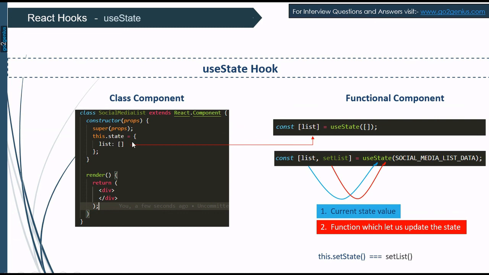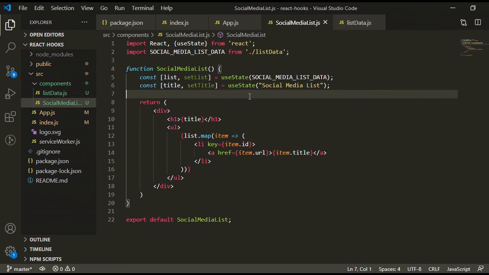We have to use an object, and inside that object we take different states. Here we have no constraint. We can use any type of value inside useState, and we can assign it to this state variable.